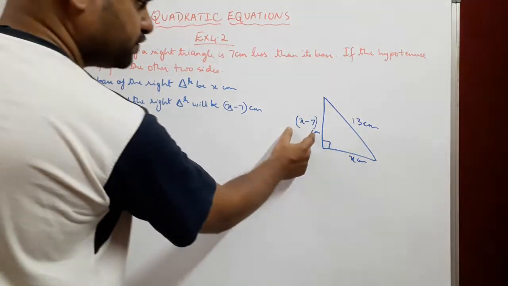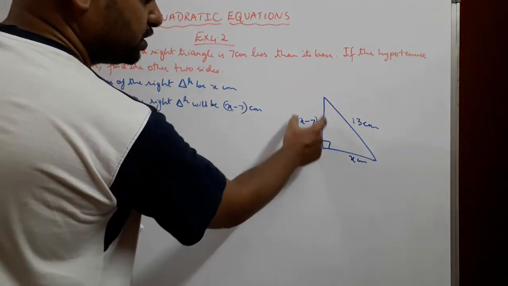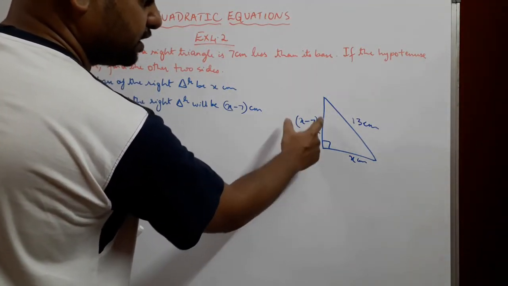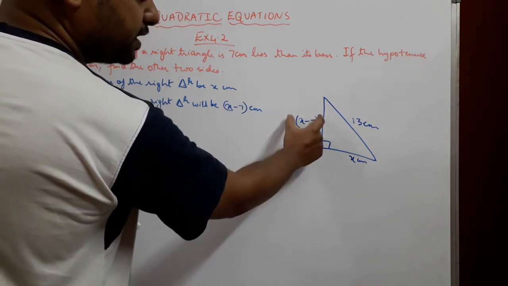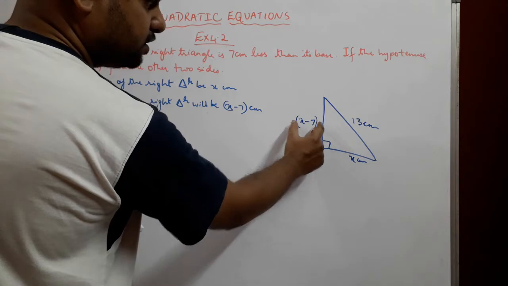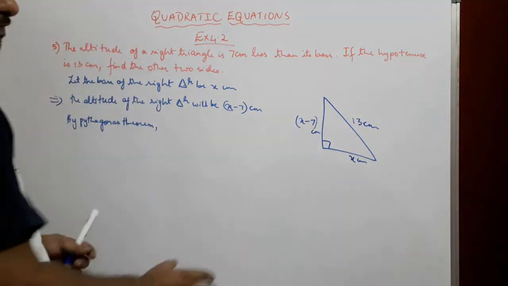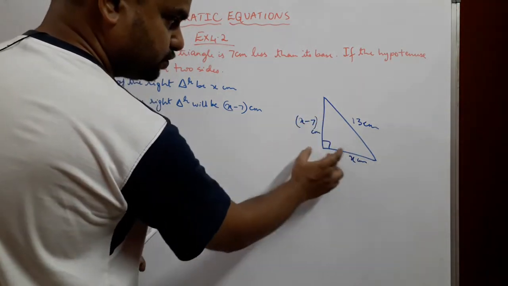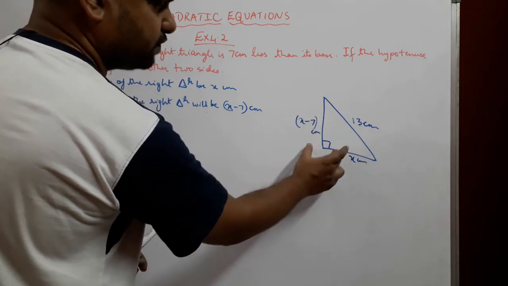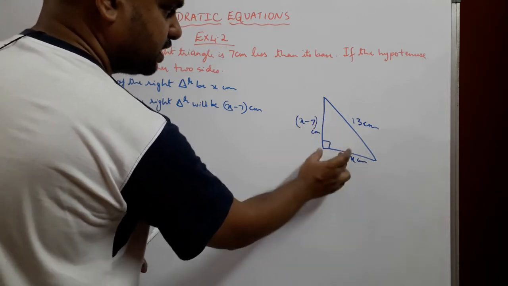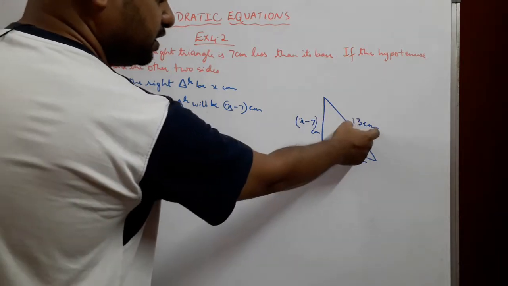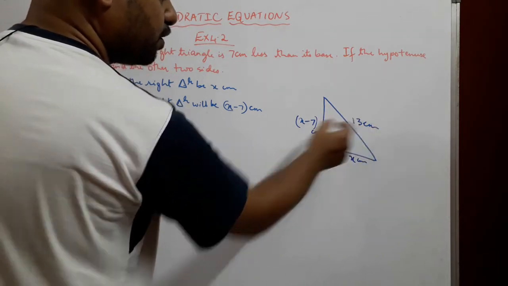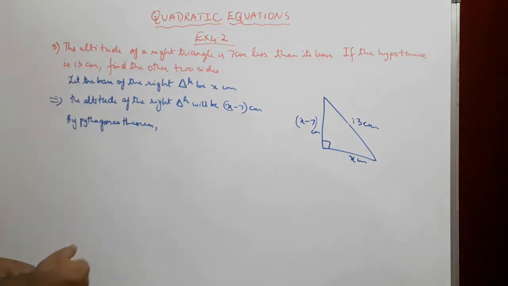So the two sides have to be the adjacent sides, and we are taking not just the addition of these two sides but the sum of their squares, and that total will be equal to the square of the longest side, that is your hypotenuse.